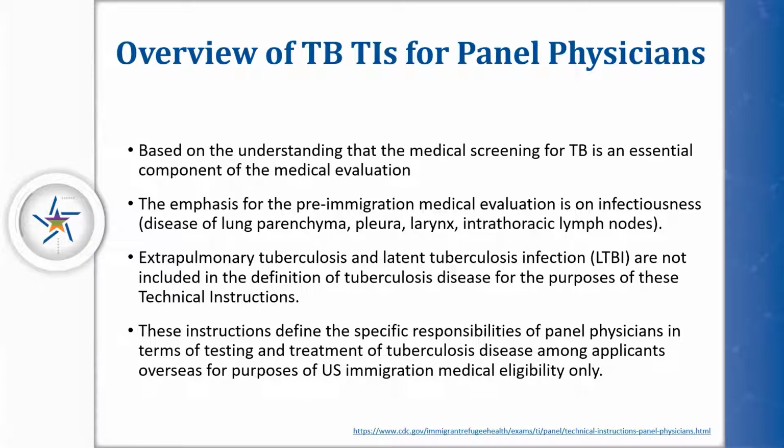Now, extrapulmonary tuberculosis and latent tuberculosis infection, while we may consider them disease, are not considered TB disease for the purposes of these technical instructions. The instructions define the specific responsibilities of the panel physicians in terms of testing and treatment, and also for reporting for the patients who are medically eligible to enter the US.